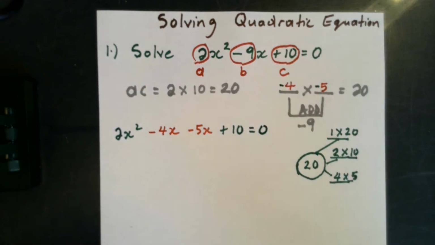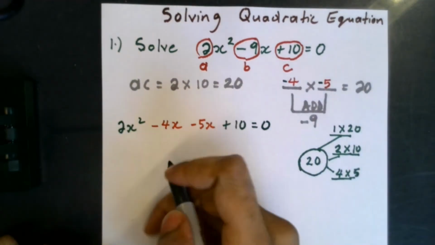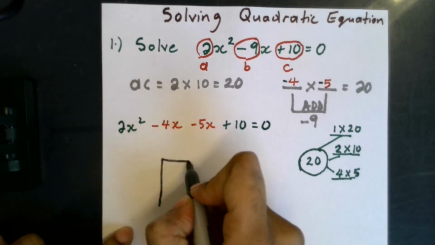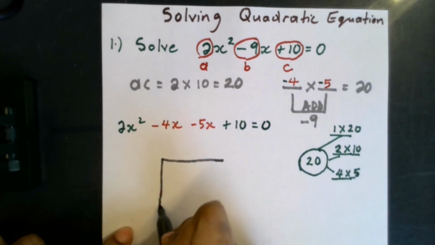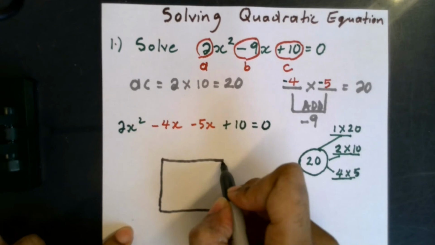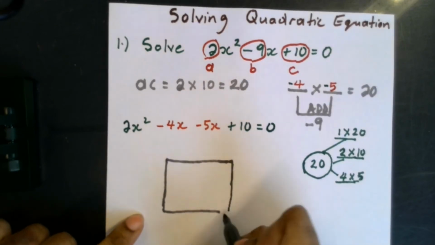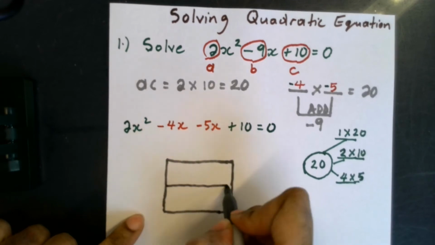Our next step is I'm going to place my 4-term expression from my equation into this box. All right.